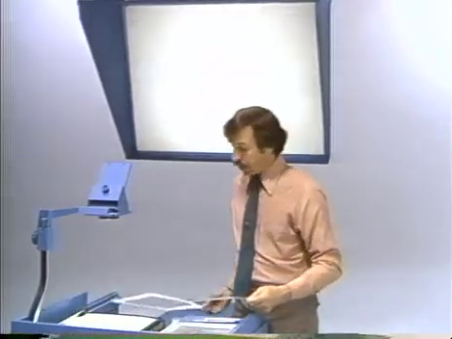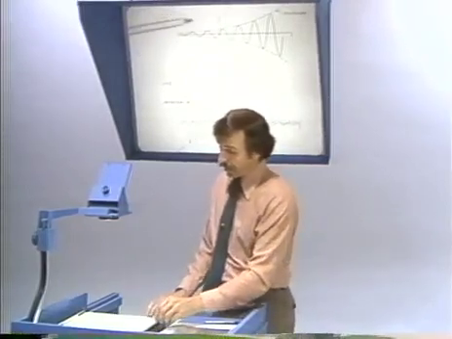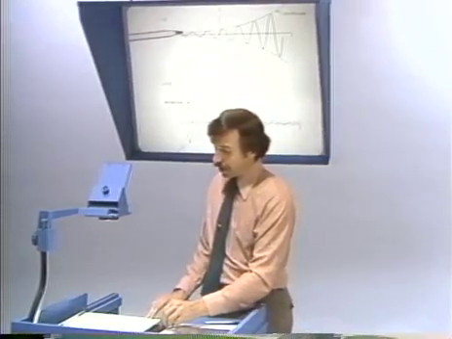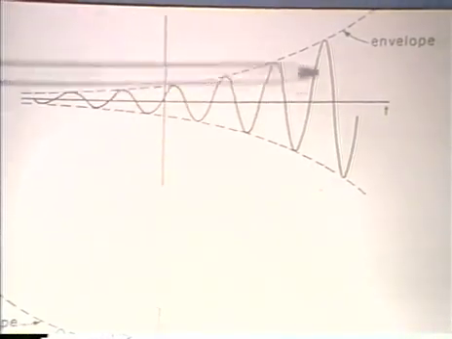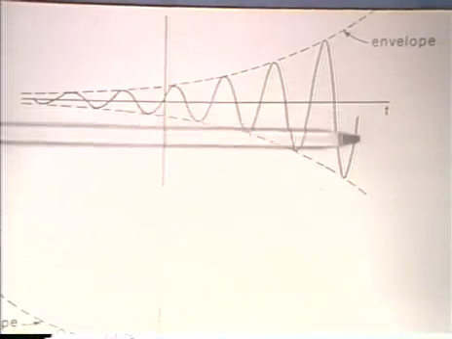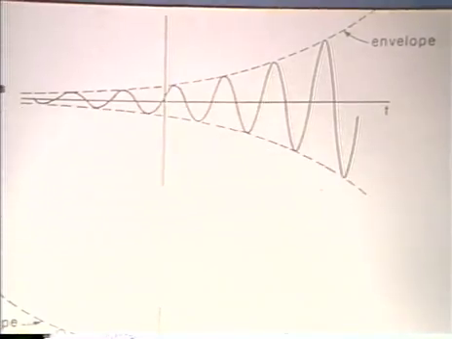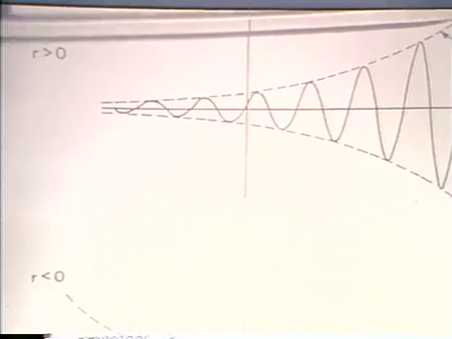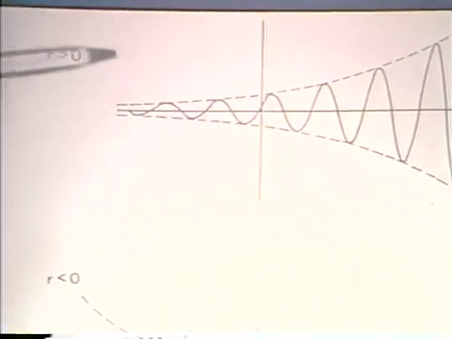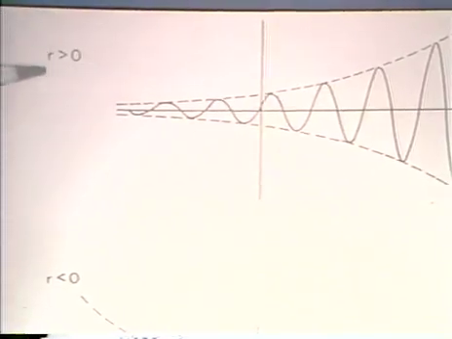And let's just see what one of those terms might look like. What I've indicated at the top is a sinusoidal signal with a time-varying exponential envelope, or an envelope which is a real exponential, and in particular which is growing, namely with r greater than 0.